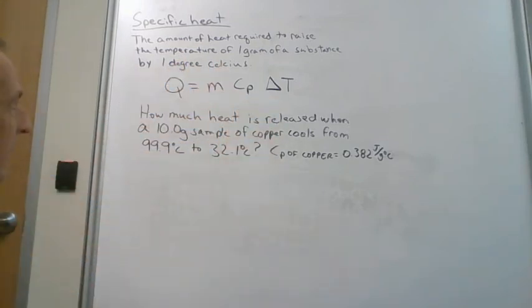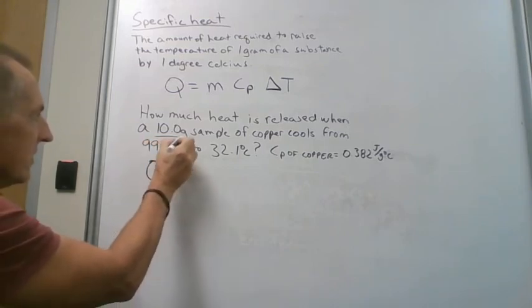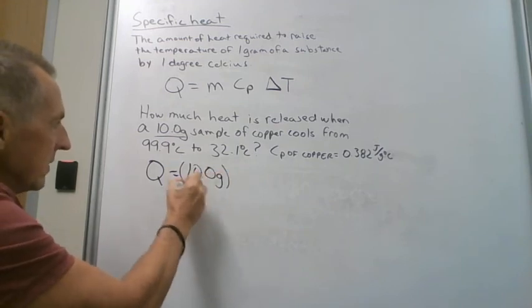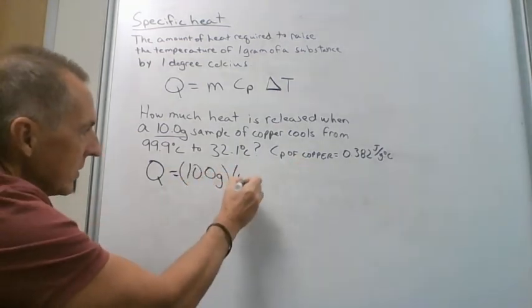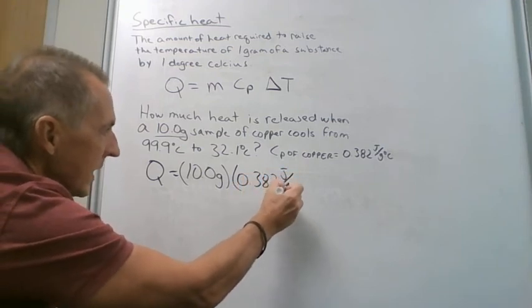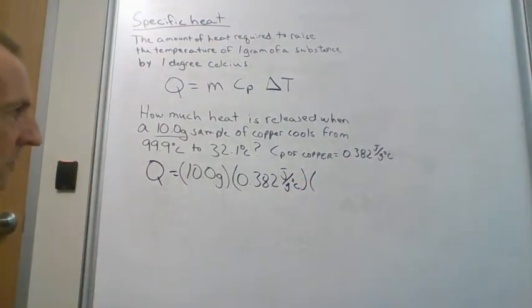Right, so the Q then is going to equal our mass, which was given as 10.0 grams, times the specific heat of copper, which we were told was 0.382 joules per gram degree Celsius, and then our change in temperature, which is our final temperature minus our initial temperature.